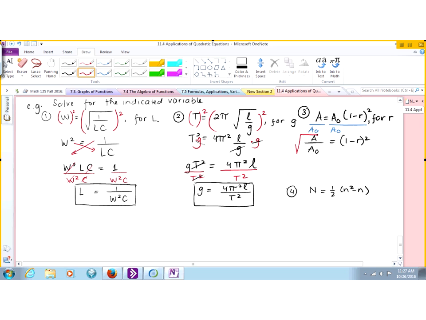Square root both sides? Yes. So only on this problem we don't do plus or minus, because everything is positive usually. Yeah. So the square root of A over A naught is equal to 1 minus R. So how do I solve for R?